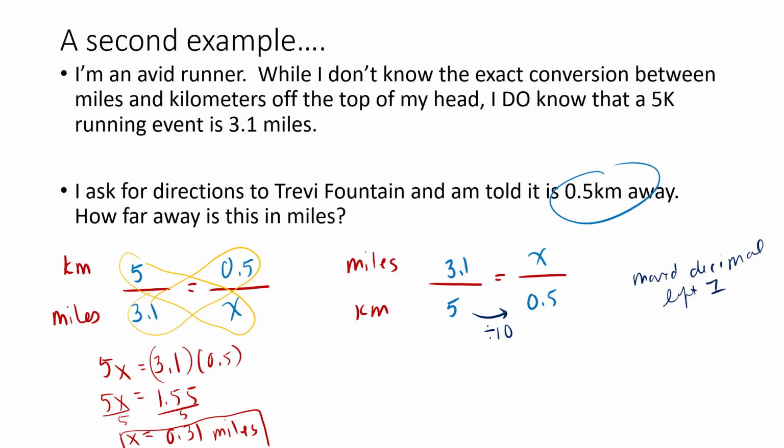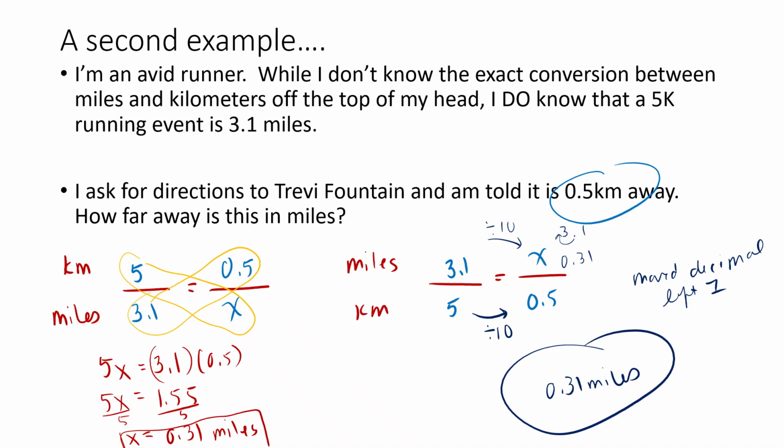And then you would do the same thing right here. So you would take the 3.1 and move the decimal point left 1 and get it that way. And that is probably a much more efficient way to do it. So once you set the proportion up, you might notice something like that, like, oh, look at that, I could just divide by 10, which would also be a perfectly valid way to do this.